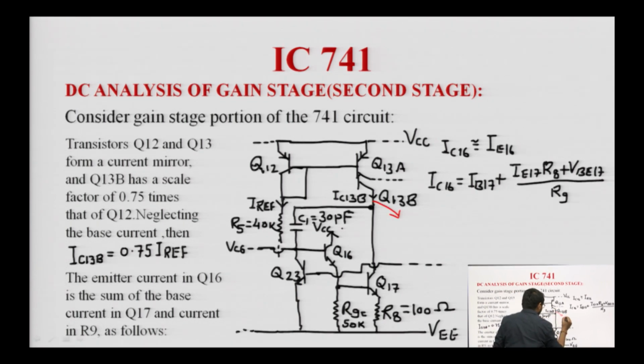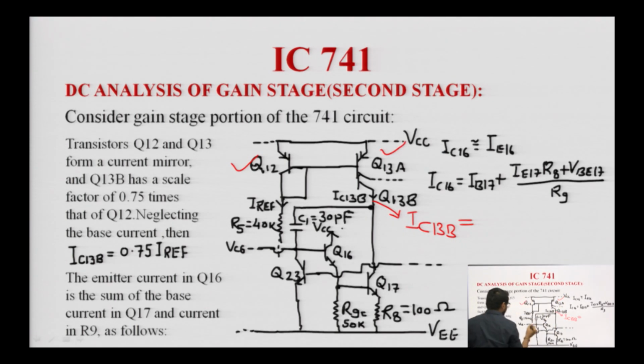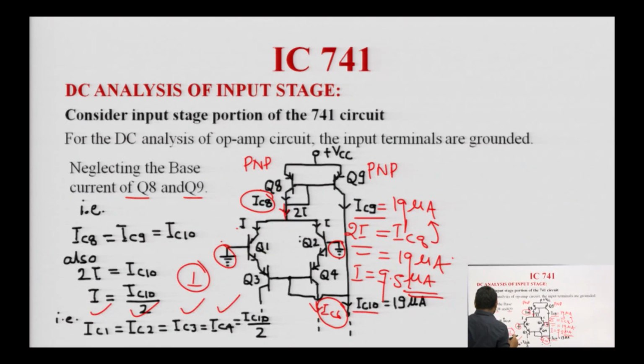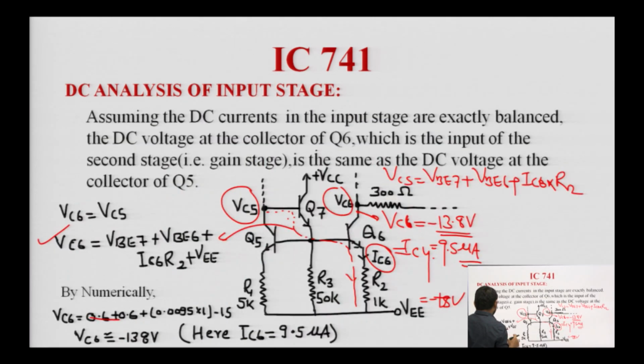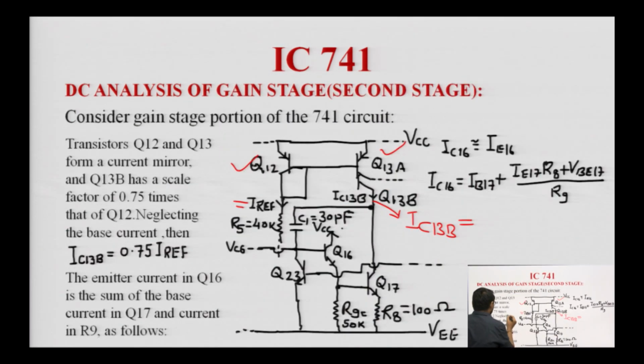This current notation is the IC 13B, and we see that due to the area relationship between Q12 and Q13, we already calculated the I reference, and we get the I reference value 0.72 milliampere.